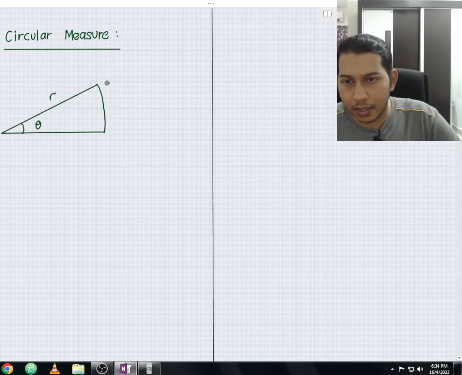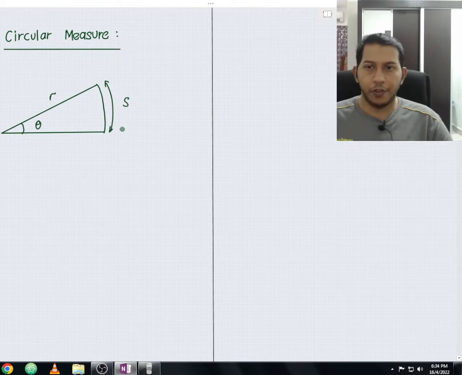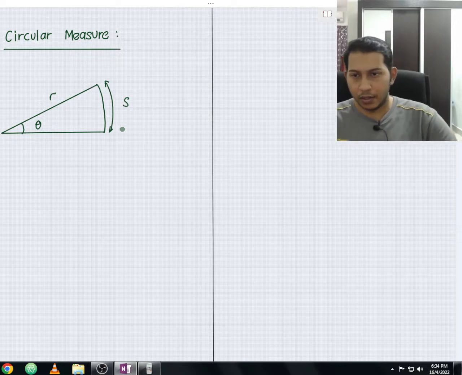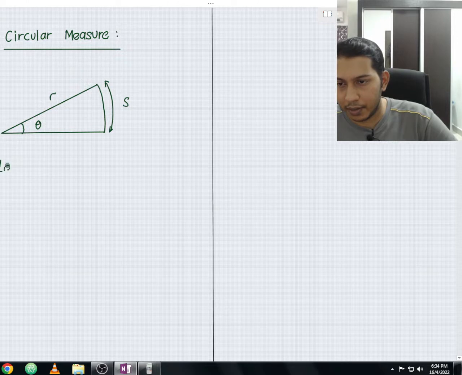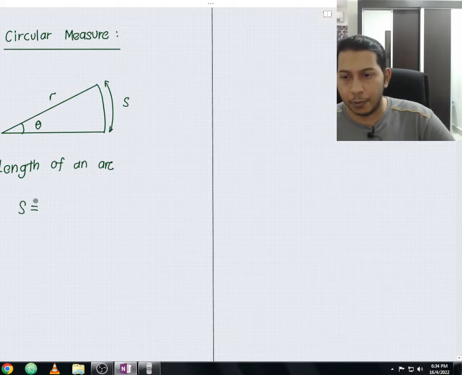This length of the arc here, we denote as the letter S. The formula to find the length of the arc, let me write here: length of an arc, given by S, equals radius times the angle theta.